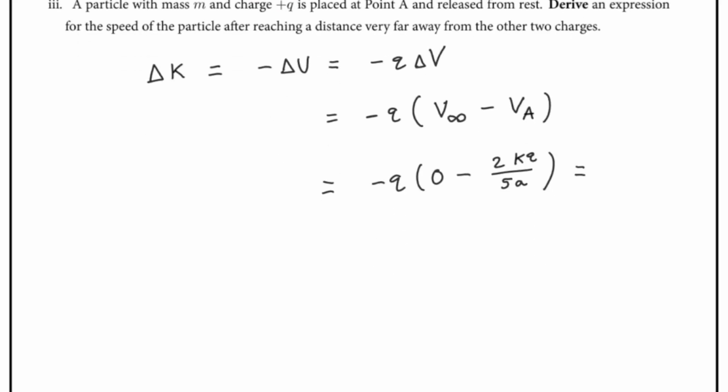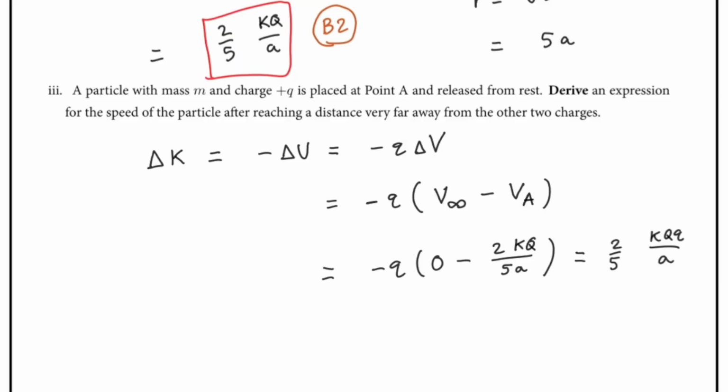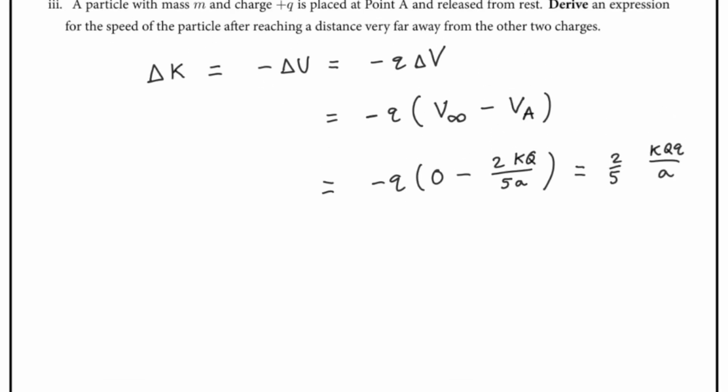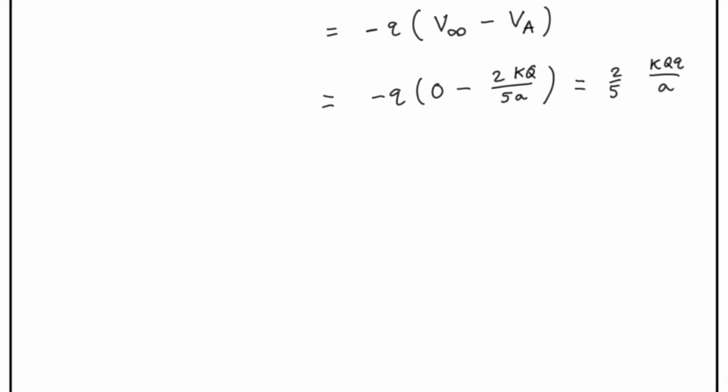So that gives us 2/5 kQq over a as our change in kinetic energy. Notice that's positive, so our charge does speed up like we expect. There is another way of doing this that we'll show after, where you just K plus U it, you just bar chart it. But that gives us that.